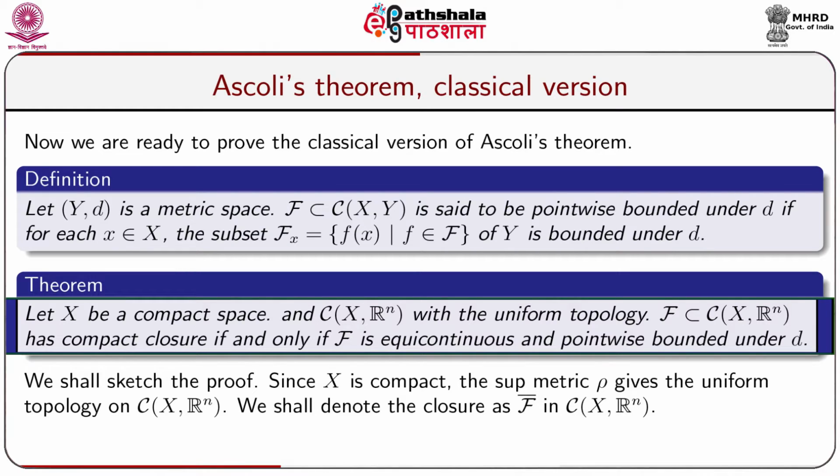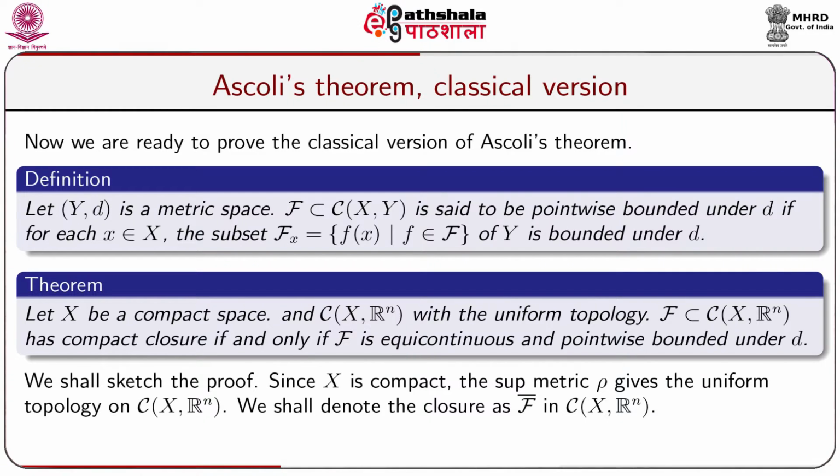Let capital X be a compact space, and give C(X, R^n), that is, all continuous functions from X to R^n, the corresponding uniform topology. A subset script F of C(X, R^n) has compact closure if and only if script F is equicontinuous and pointwise bounded under D. We shall not prove this theorem in detail, but we shall prove it by saying some steps of this proof.